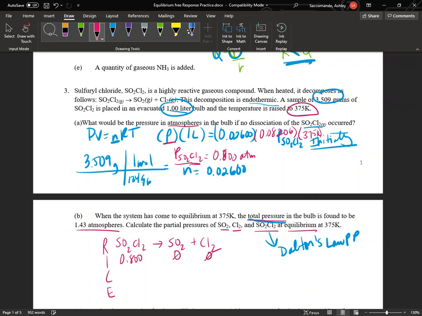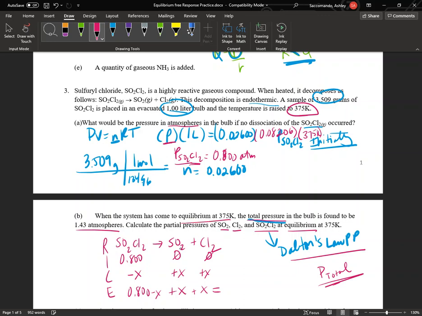I don't have these, right? So this is going to be minus x. This is going to be plus x. And this is going to be plus x. So 0.800 minus x plus x plus x is going to be all equal to the total pressure, right? Because all of them at equilibrium should add up to the total pressure.